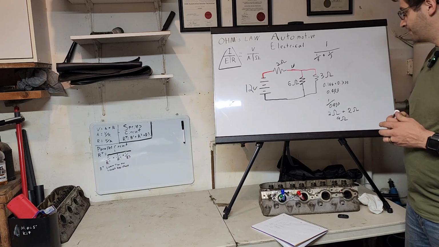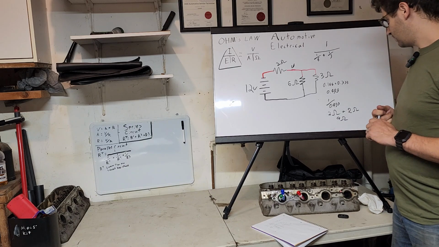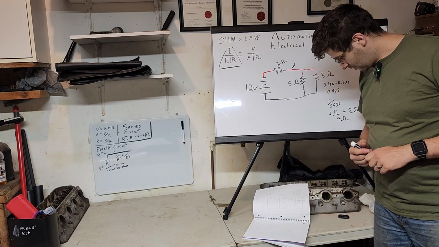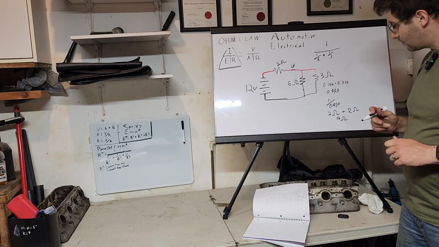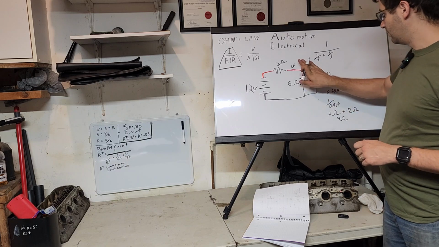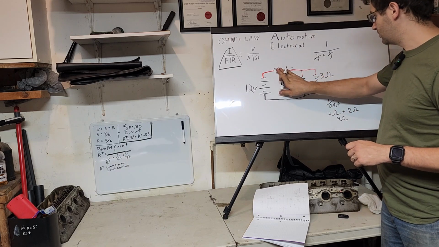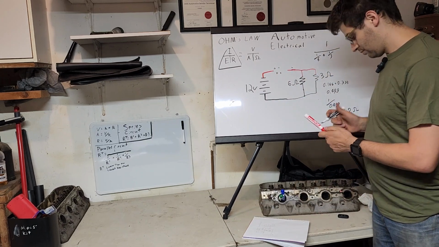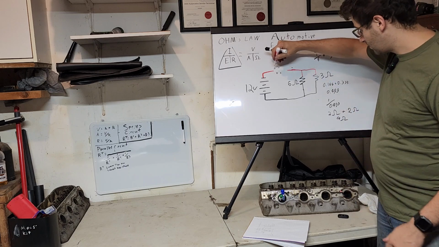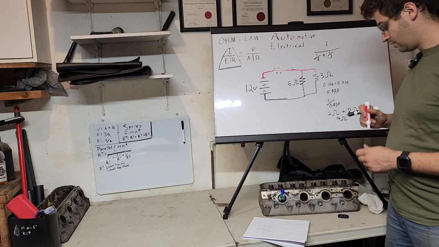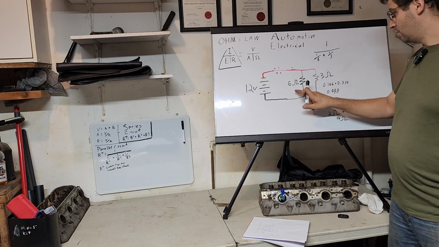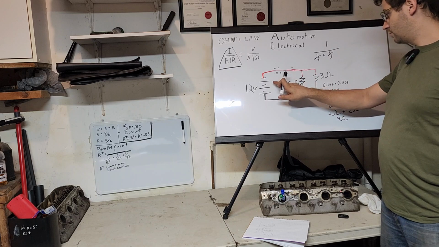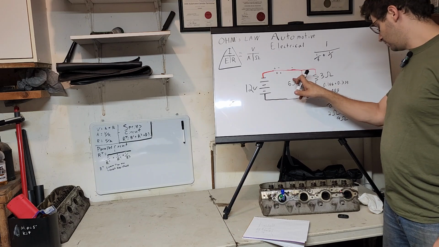Now what about amperage? So if we go back, just to keep this a little simpler, we know that the total circuit resistance was about 2 ohms.